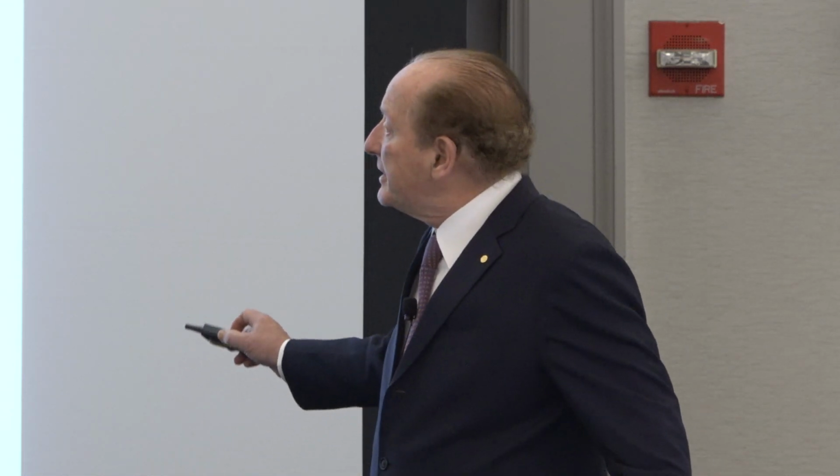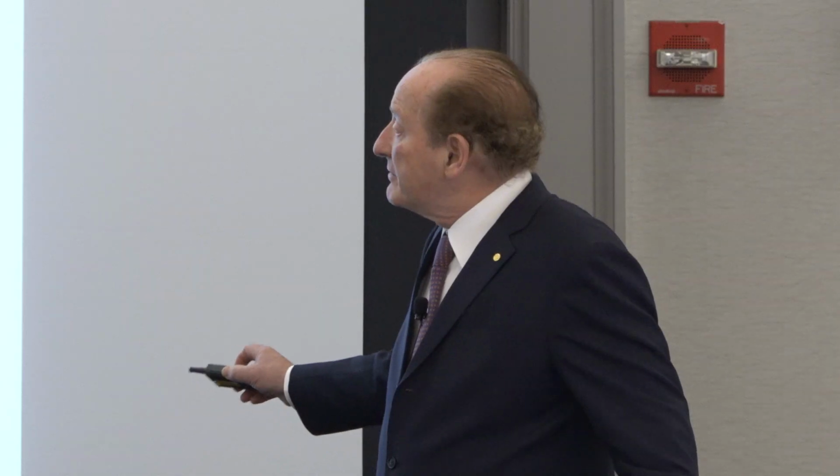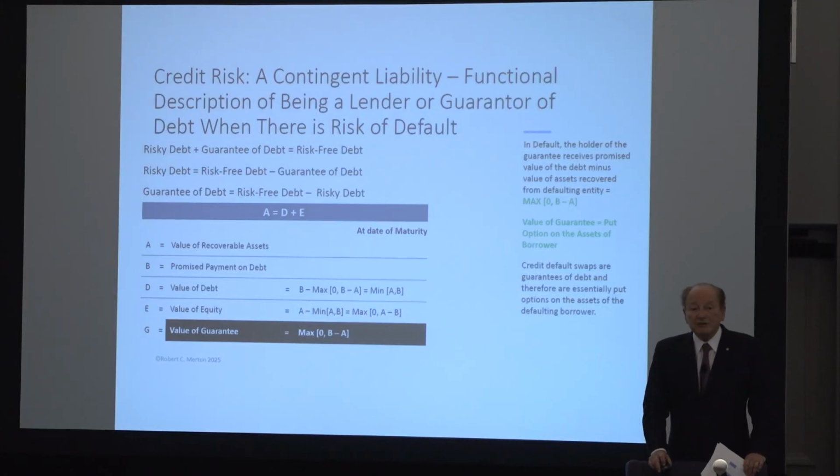But what happens if they don't pay? Then the value of that guarantee is it pays you what you were promised, and the guarantor of this gets whatever the assets are worth. So putting it very simply, the value of a guarantee is a maximum of 0, that's when it doesn't default, and the promised payment minus what the assets that are recovered are worth.